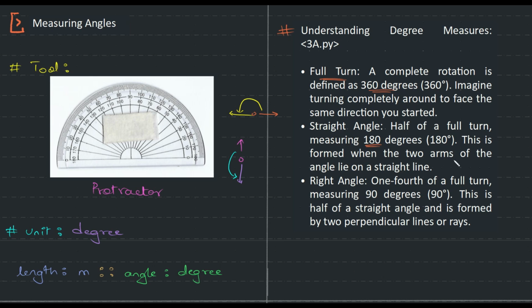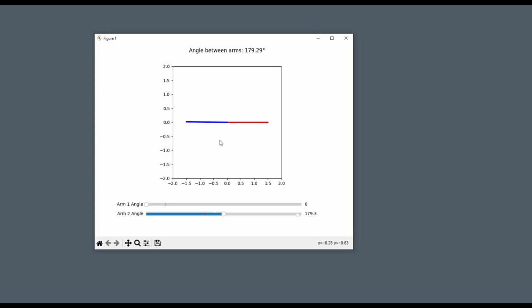This is formed when two arms of the angle lie on a straight line. So this is your straight angle that we have already seen. Next is our right angle. A right angle has to do with turning either to the left or right, but pointing in an altogether perpendicular direction. Again, this we have seen. So let's have a look with a different perspective.